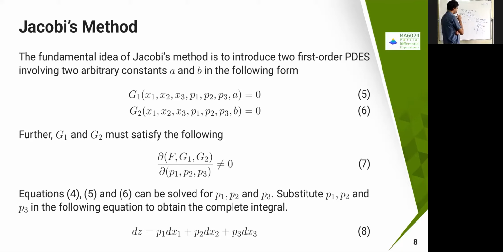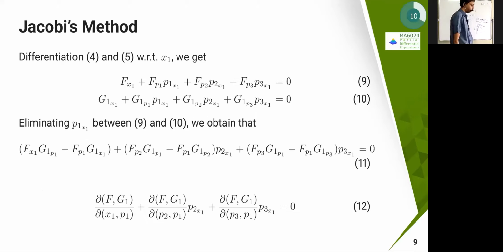Then use those values in the du equation. It is going to give you the summation of pi dxi. This is going to be your equation, and integrate on both sides. Then you are going to get the answer. That is the way we do it in Charpit's method, the same kind of method here.